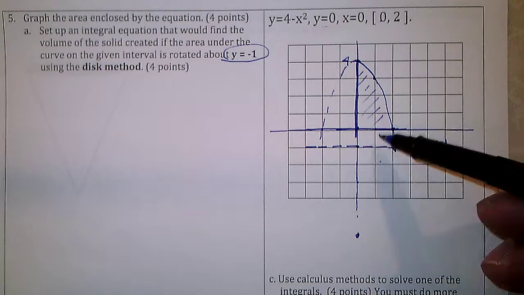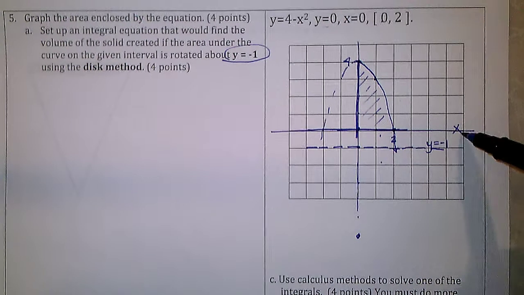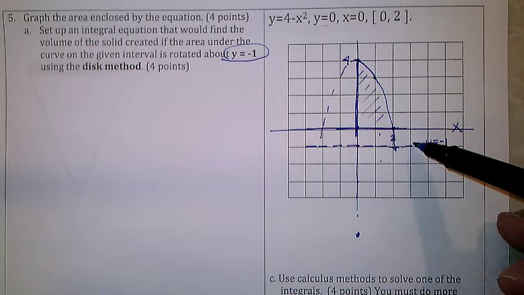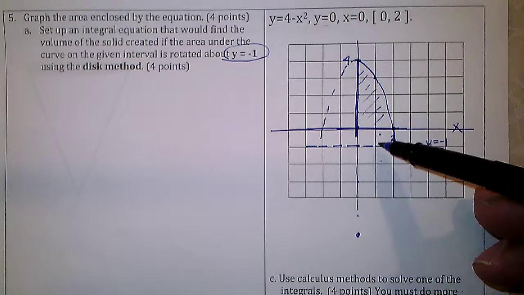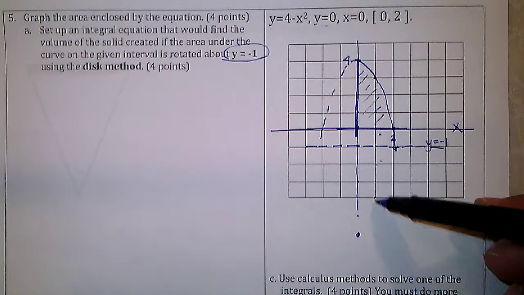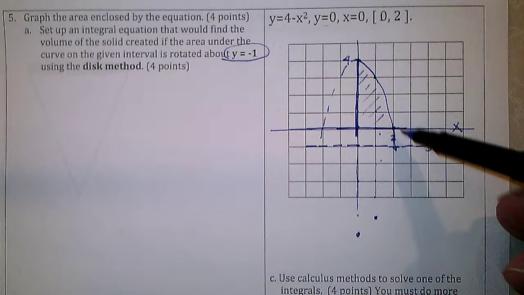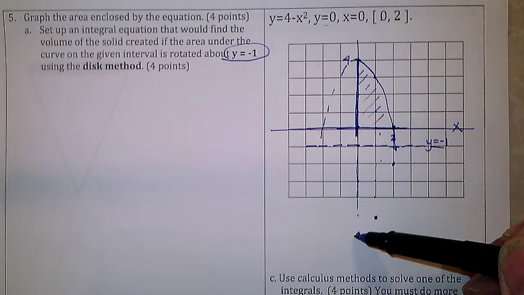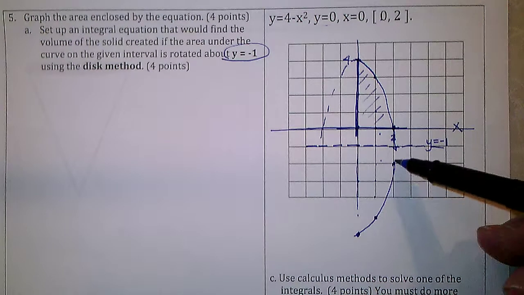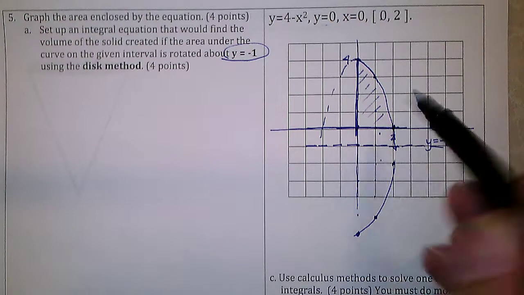This one, which is 1, 2, 3, 4 above the axis. Here's the x-axis, but here's the axis of rotation. 1, 2, 3, 4 above it, so we've got to go 1, 2, 3, 4 below it. And then this one that's 1 above it would go to 1 below it.